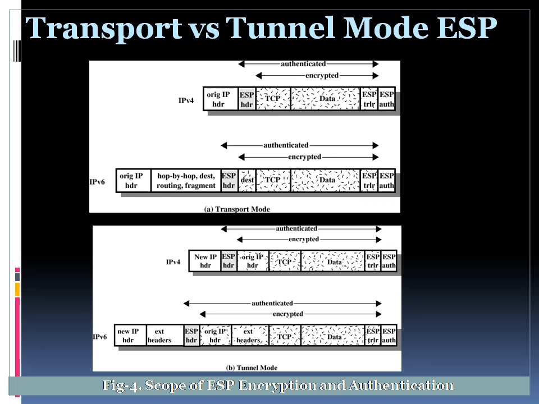So what happens at the source in transport mode is that the block of data consisting of the ESP trailer and the entire transport layer segment is encrypted. Once it is encrypted, this ciphertext is sent to form the IP packet for transmission. Then authentication is added only if this option is selected.